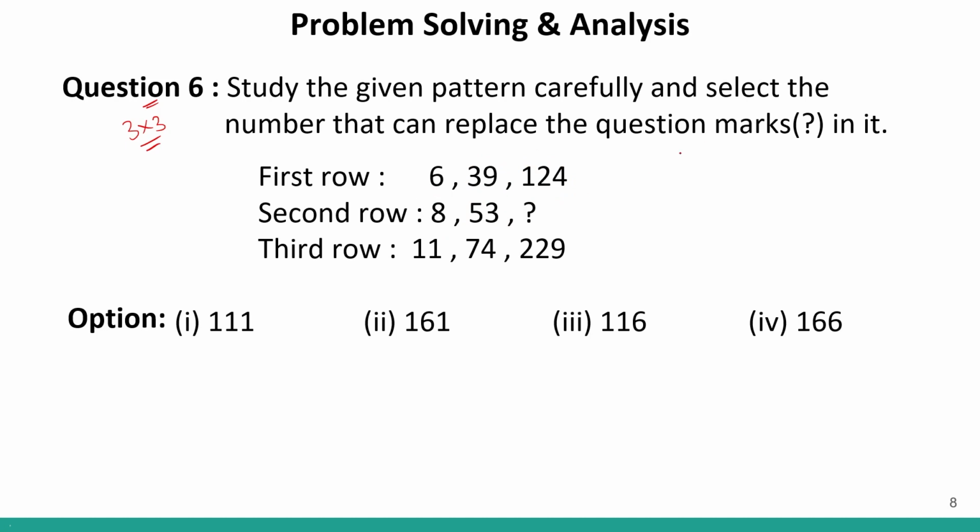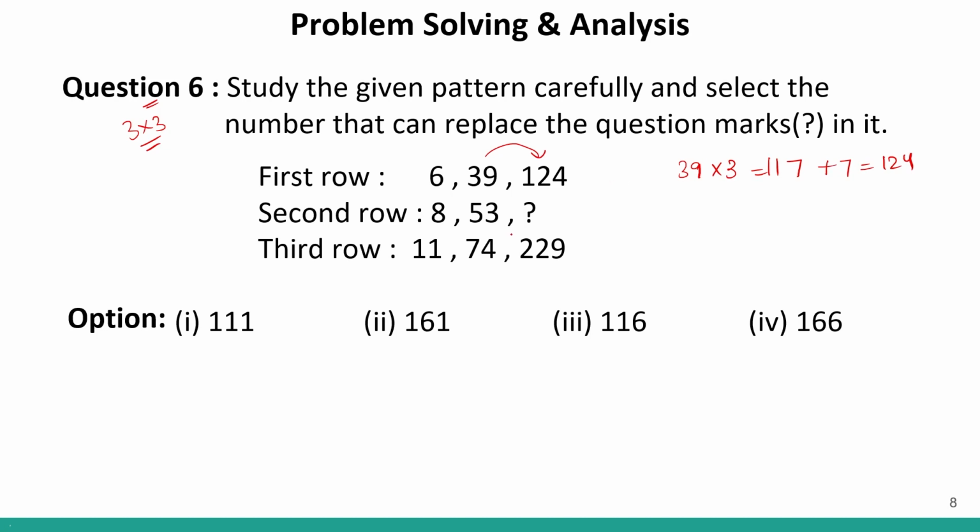Now, how is 39 related to 124? I can see that 39 into 3 will give me 117. If I add 7 to this, I'll get 124.